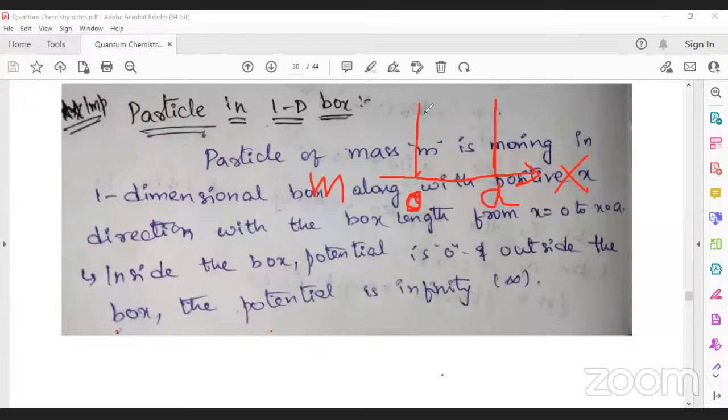So the potential outside the box becomes infinity. The potential inside the box is 0, that is V = 0, and outside the box the potential will be infinity. With the help of these conditions, we are going to determine the wave function and energy of the particle.